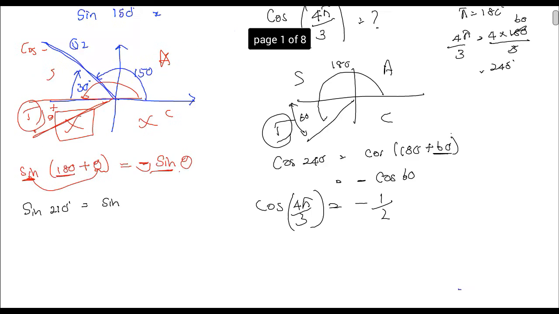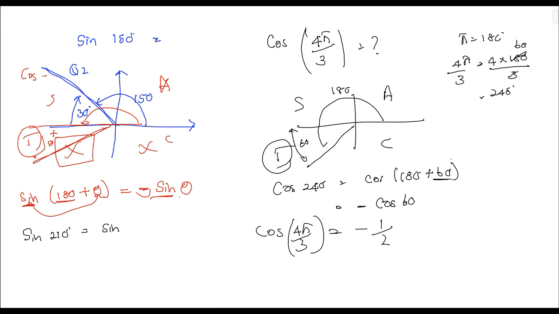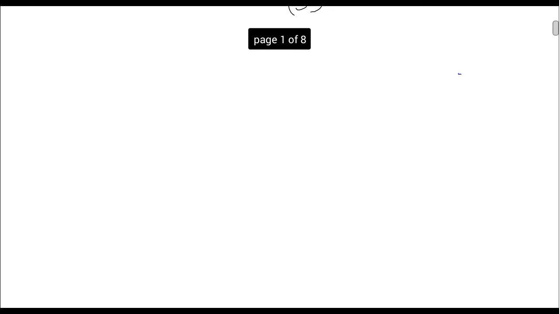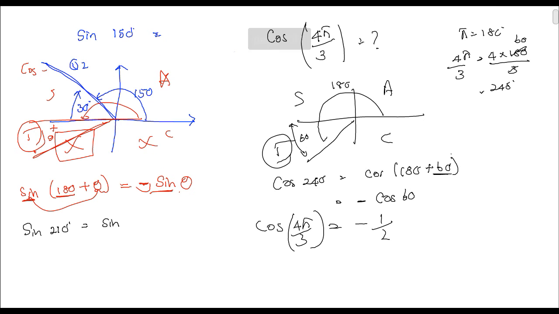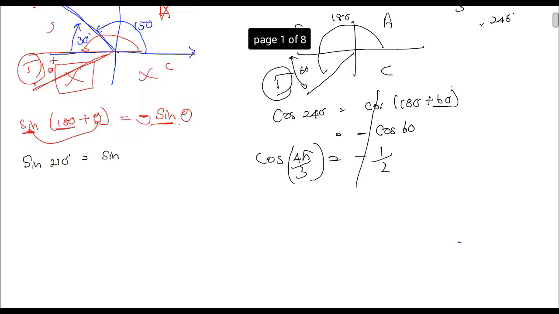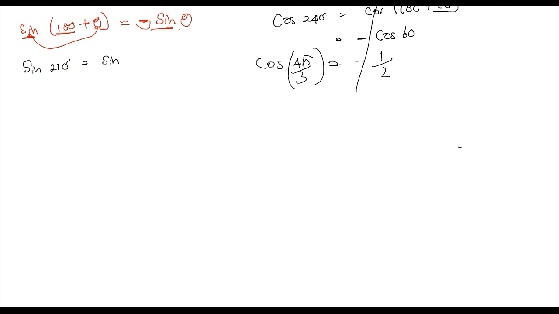Okay, let's do one example question. I think that's enough to clear it up. Maybe I'll just give one more example. So whenever you associate with 180, those are the rules. But what if you have a question, say, let's find sine 150 in two ways.